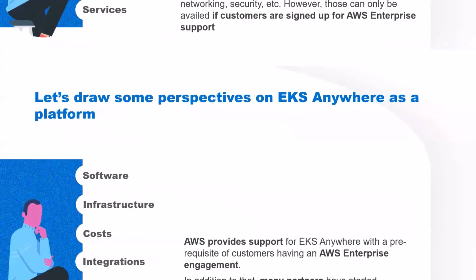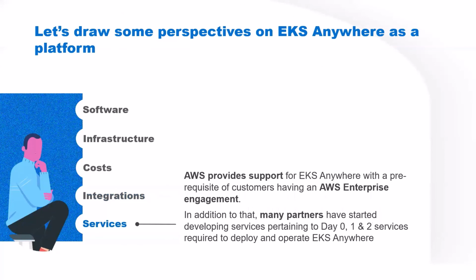In terms of the services, AWS definitely provides the day 2 support in terms of having the enterprise engagement and the experience. This could be called upon in various scenarios, right? You have a bug, you have a challenge in terms of deploying EKS Anywhere, or you encounter certain challenges in terms of upgrades and whatnot.